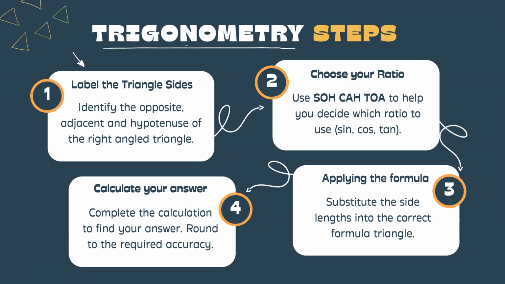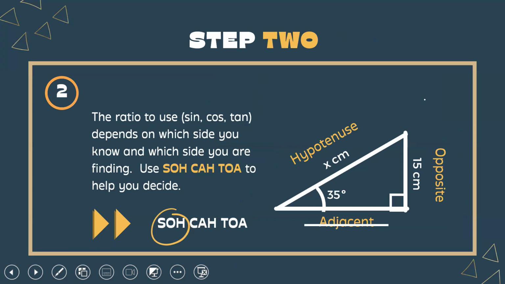Then for step 2, you choose which trigonometric ratio you would use depending on what is given and what is required.